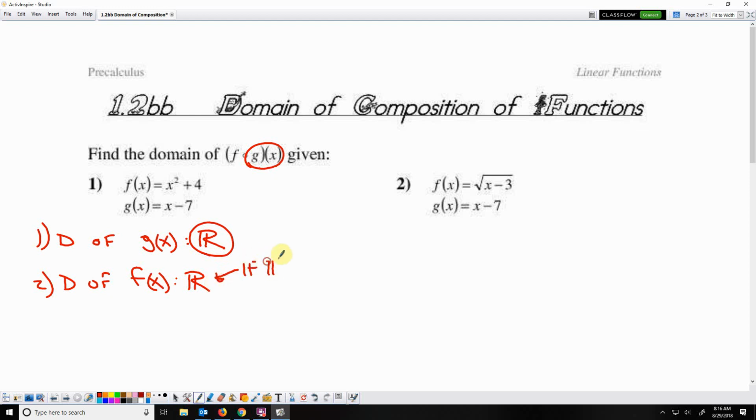If you get all reals for your domain of the outer function, then we're going to stop right there and write our final answer. So our final answer is this right here, what we got in step 1. So the domain of f of g of x is all real numbers.